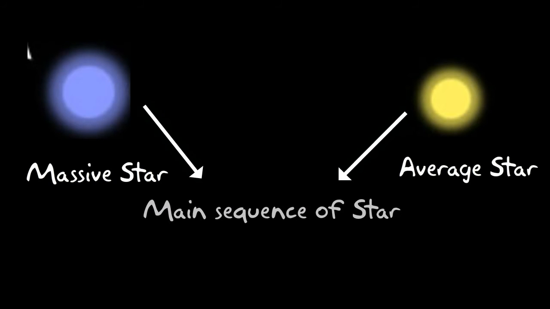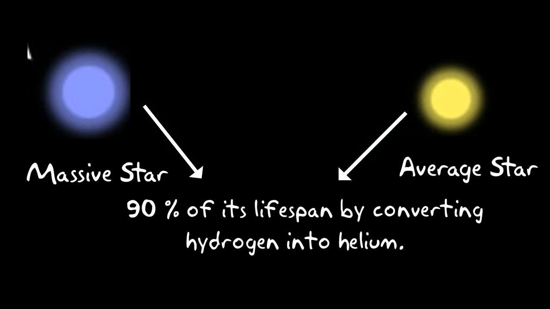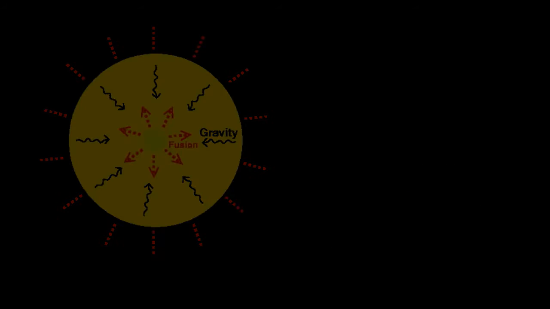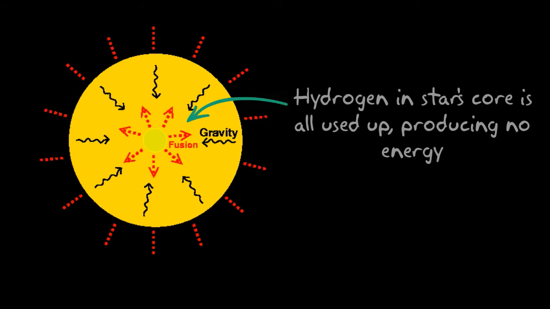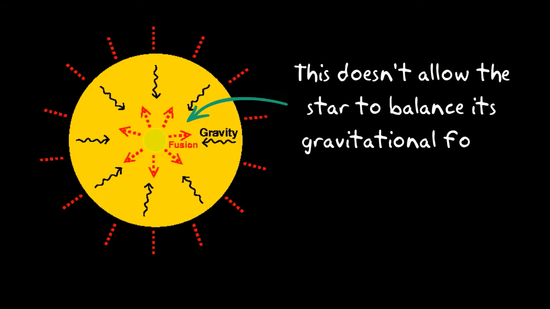The massive or average star stage is the main sequence of the star, as it spends 90% of its lifespan converting hydrogen into helium. After a long time, the hydrogen in the star's core is all used up, producing no energy, and this doesn't allow the star to balance its gravitational force, which is shrinking.